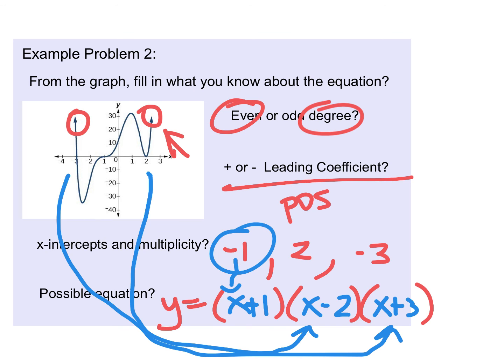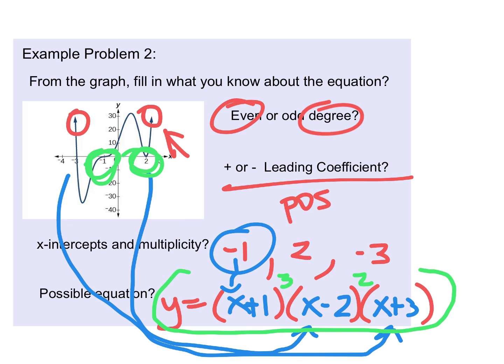Okay, and then last but not least, it's bouncing here at the 2. Bounces. Snaking here at the -1 to the 3rd. I think some of you could have figured that out. On the 3, it's just passing through.